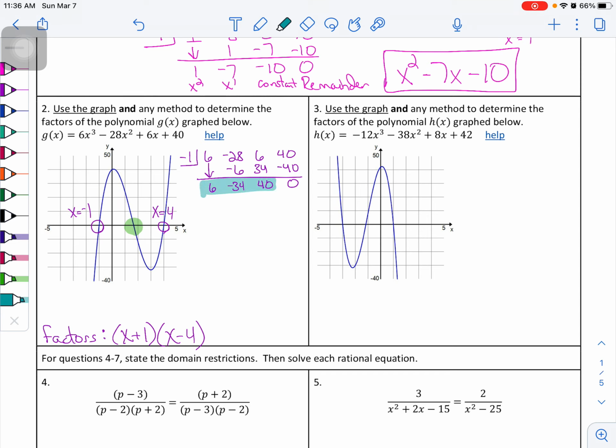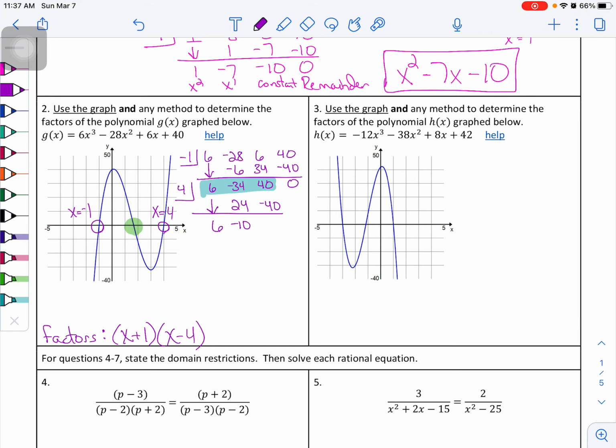Okay, so far so good. So now I'm going to use these. I'm going to highlight this. So these 3 coefficients and the other 0 that I knew, which was 4. And I'm going to do another round of synthetic division. So 6 drops.